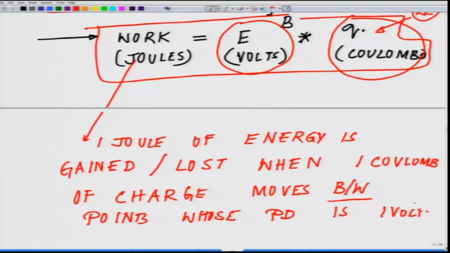In other words, 1 joule is equal to 1 volt multiplied by 1 coulomb of charge moved. So, if you put everything as unity, this is what you are going to get. Okay. So, this is the second fundamental concept what you needed to remember.